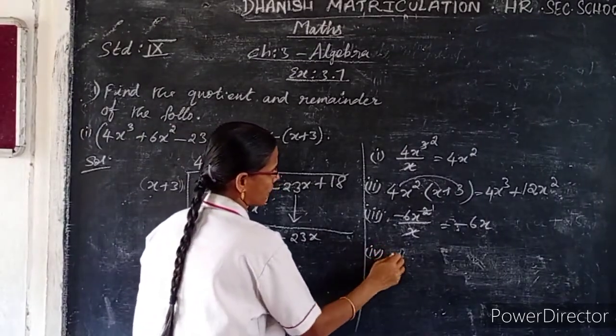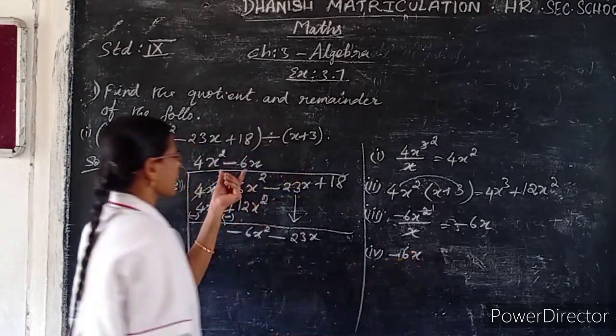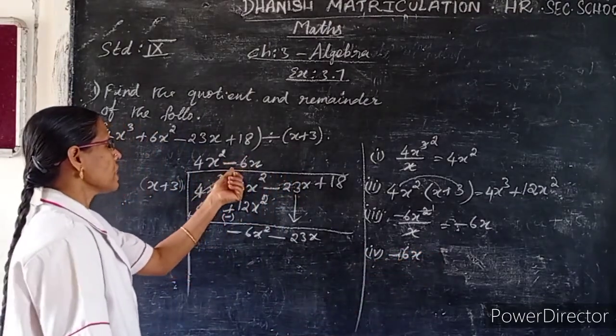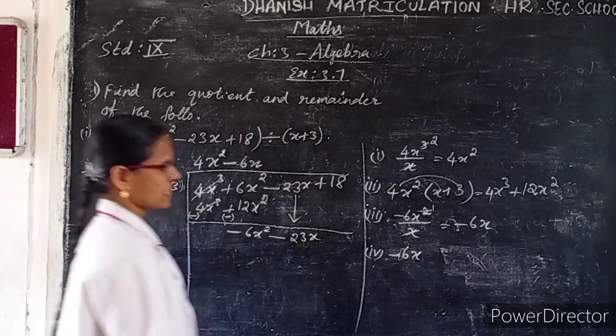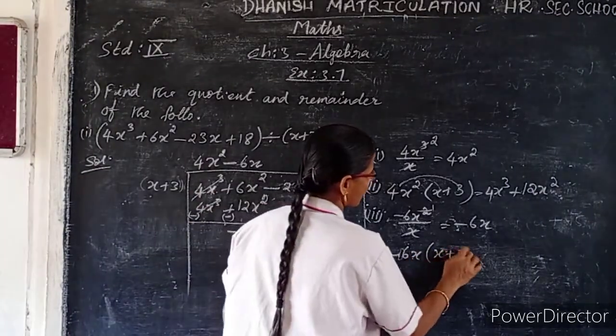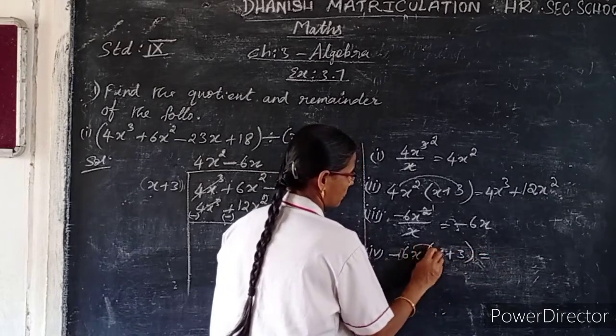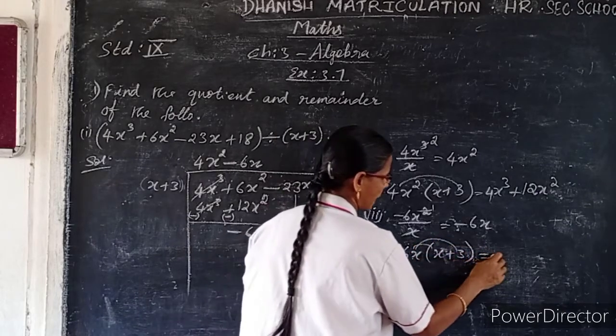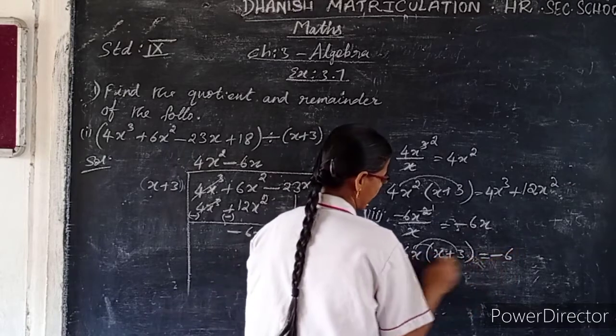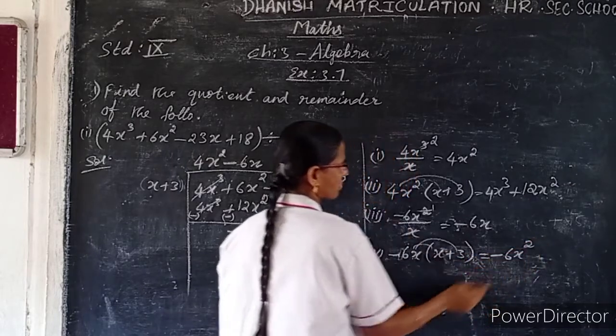That is our fourth step. Minus 6x, that is quotient part. So minus 6x into this divisor x plus 3. Multiply. So minus into plus, minus 6 ones are 6, x into x square.